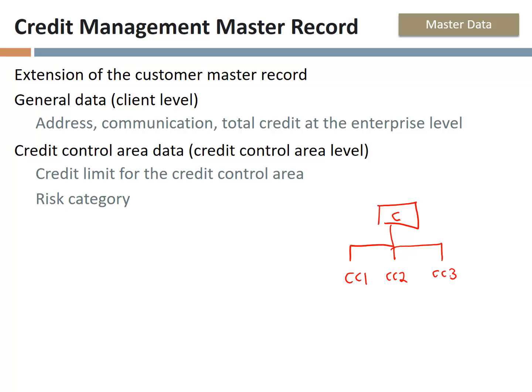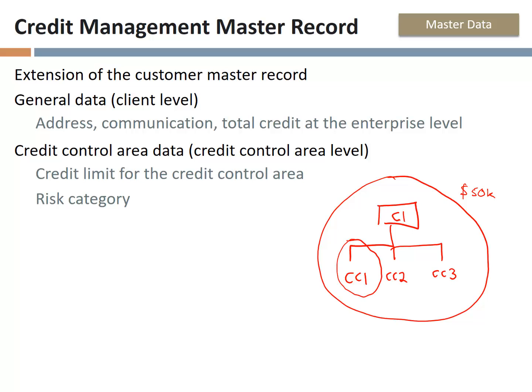And it just so happens that in our organization, we set a credit limit at the overall enterprise level, and let's say for a given customer, it's $50,000. But Company Code 1 has their own credit control area, and they set a credit limit, and let's assume they set their limit to $20,000. We can do that.